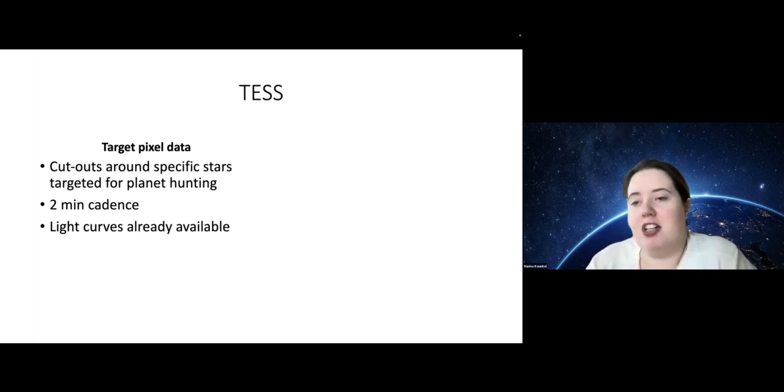They have some additional restrictions on the spectral type, and it adds up to only a few tens of thousands of stars in total. But these stars have been observed with 2-minute cadence, and the light curves for them have been processed and are readily available. Chances are, if you're reading a paper that's utilizing TESS data, most times it would use target pixel data because it's just the most accessible.